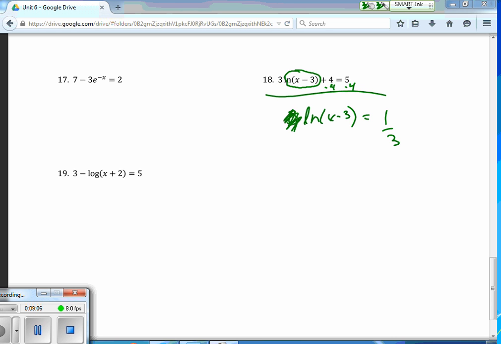Now I'm really close, but I'm not done. What other piece of advice have I given you time and again that you should do with an ln? Log base e of x minus 3 is equal to 1/3. Now, why did I do that? So I can rewrite it.